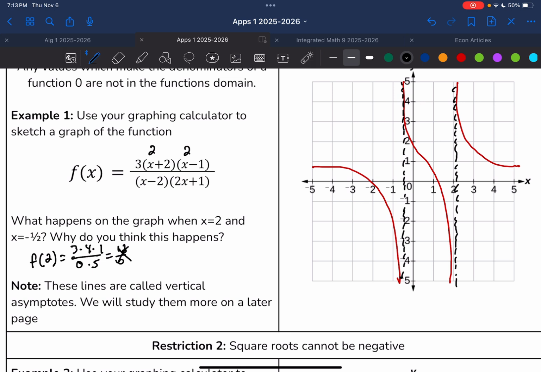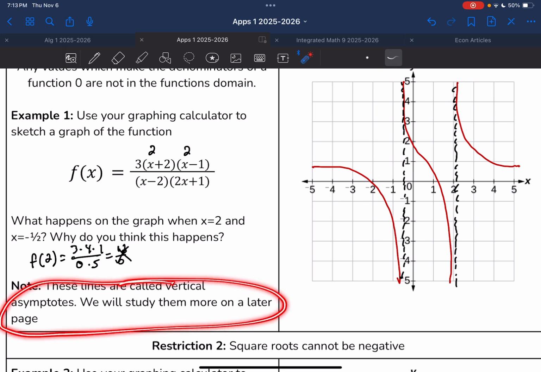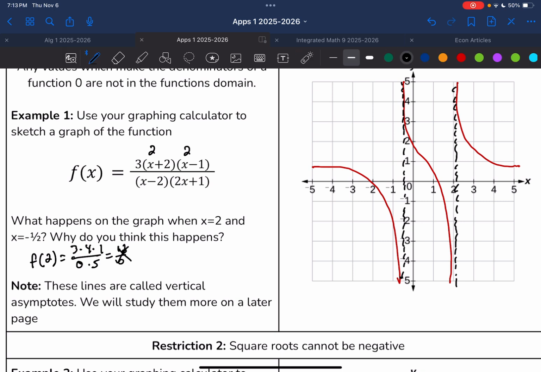You can't multiply 0 by anything to get 12. So where the denominator is 0, the function is undefined, and you're going to get something called vertical asymptotes. We're going to spend a lot more time talking about asymptotes, but the very short answer is that they show up where the denominator equals 0.